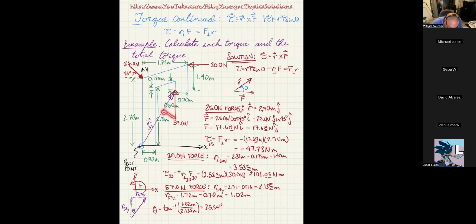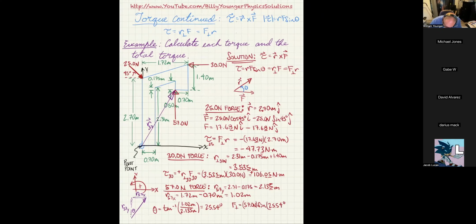So if I want the component of F perpendicular to the lever arm, then I just need to take F and multiply it by the sine of 25.54. That means F perp is equal to the force, which is 57.0 newtons, times the sine of 25.54 degrees.